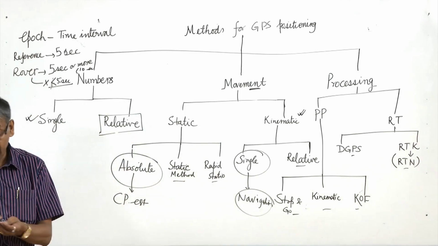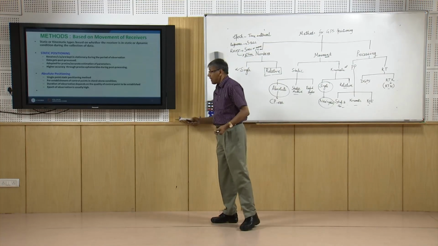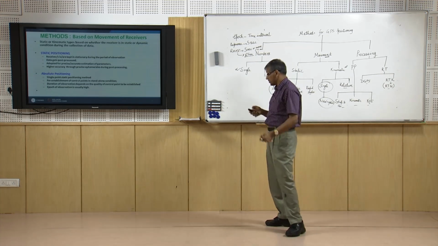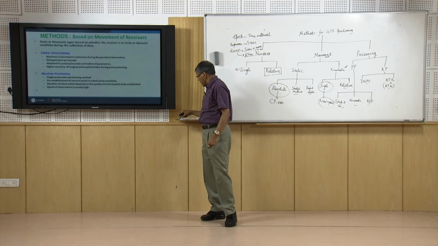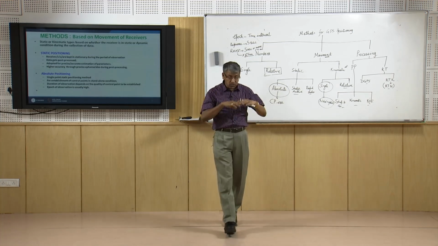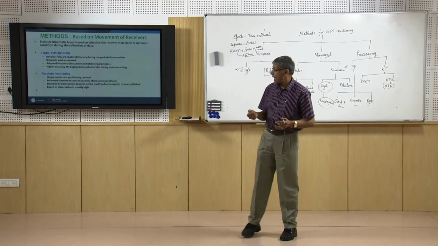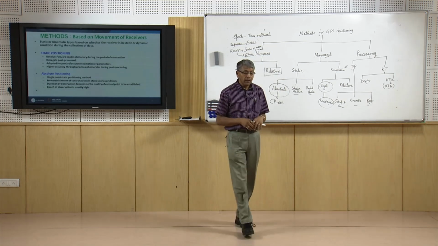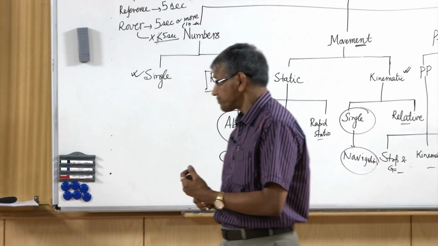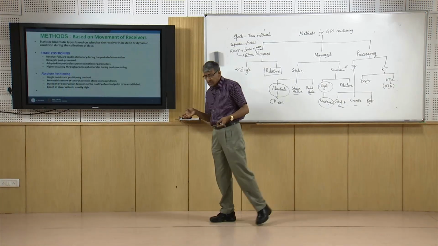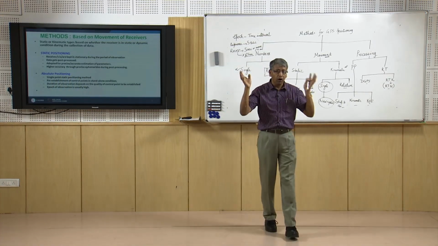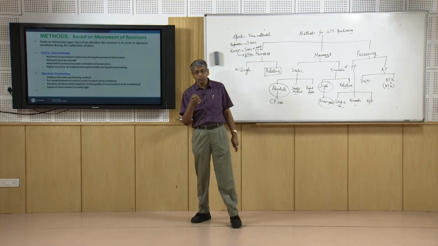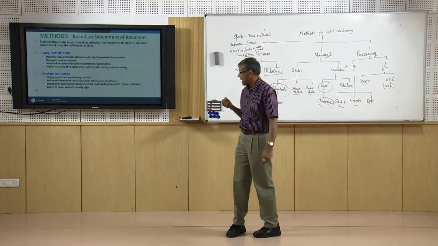That means, if we take a single receiver in a static condition and take observations, that is called absolute positioning, and that is used when there is no reference available around, and when we have to start our work without having any known position. In this case, we need to take observations for a long duration, as well as take a high epoch of observation, like 15 seconds, 30 seconds, like that.